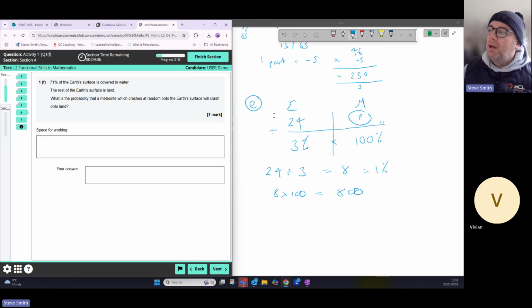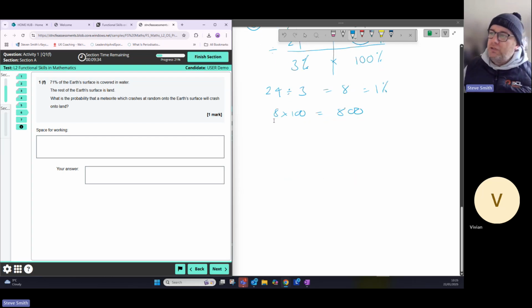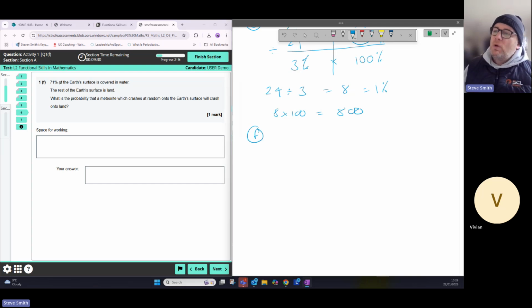Another 1 marker. So it's given us a couple of easy ones just to get back into the swing of things. F. 71% of the Earth's surface is covered in water, and the rest of the Earth's surface is land. What is the probability that a meteorite will crash into the Earth and land on land? So, Earth: about 71% is water.